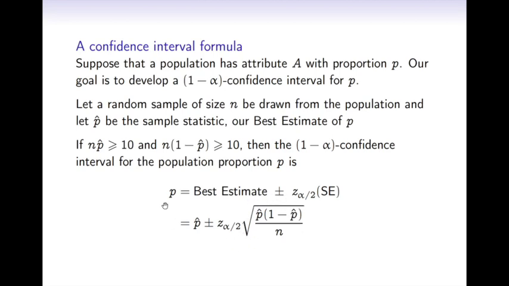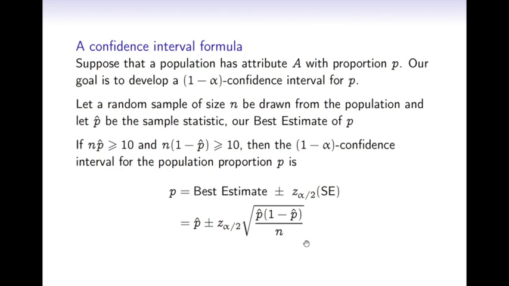The confidence interval takes the form P hat plus or minus z cutoff times the square root of P hat times 1 minus P hat over n.